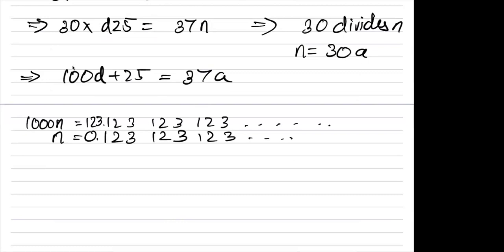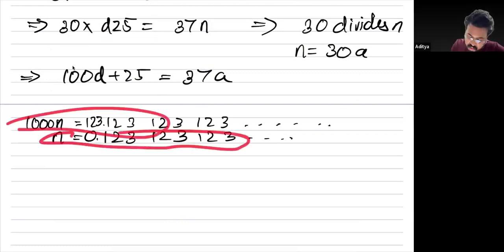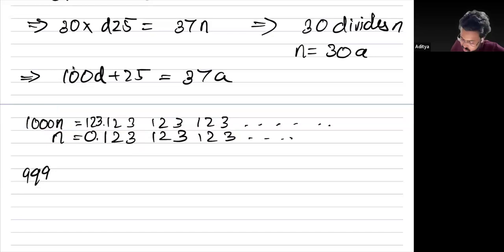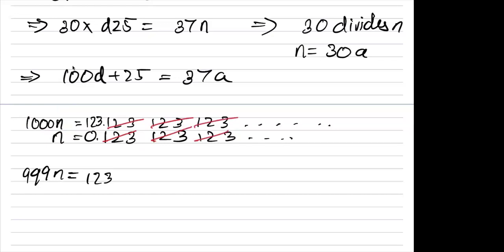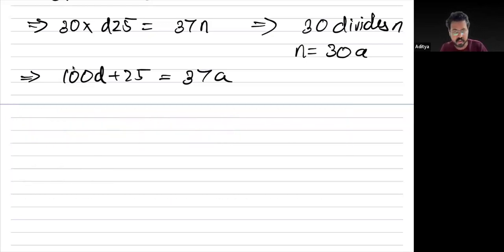Yes, sir. I multiplied this by 1000. When I subtract the first equation from the second equation, I'll get 999n equal to the integer 123, because all of this will get cancelled. Then you have n equal to 123 over 999. That is the logic, and that is the logic to do summation of a GP.